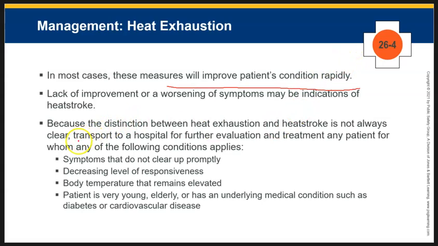So we'll transport to a hospital for further evaluation and treatment. Really watch for that decreasing level of responsiveness that indicates progression to heat stroke or a body temperature that remains elevated after your symptomatic treatment. Be very careful of patients in special populations such as pediatric or geriatric patients as well.